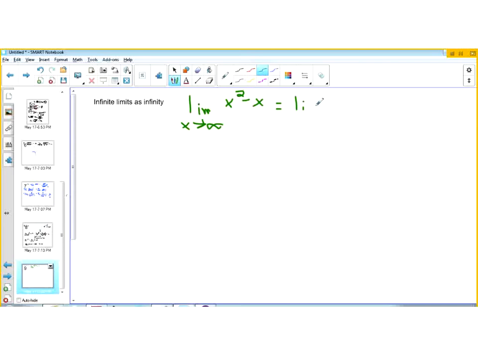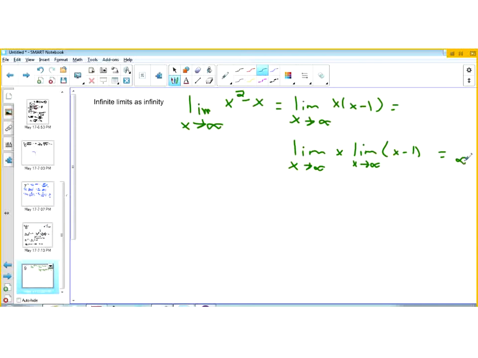So the way you solve this problem is you factor it. This would be the limit as x approaches infinity of x times x minus 1, and then we can use the limit laws. You can never subtract infinities, but you can always multiply the two. Rather strange, and we'll see why later on in the class. And of course this would be infinity.